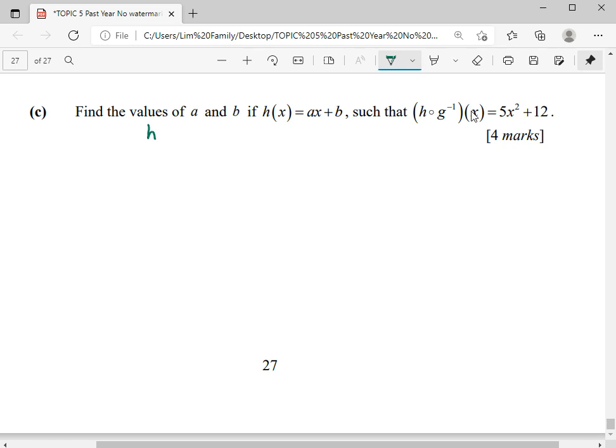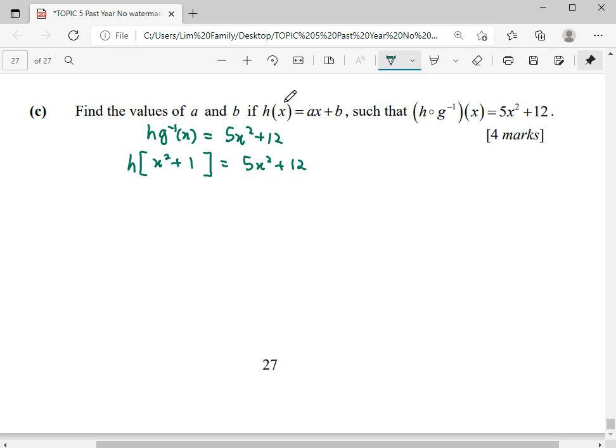So hG inverse is 5x squared plus 12. We follow the composite and substitute our G inverse here. Just now our G inverse is x squared plus 1. So this is what you're mapping. You are mapping x squared plus 1 using function h.